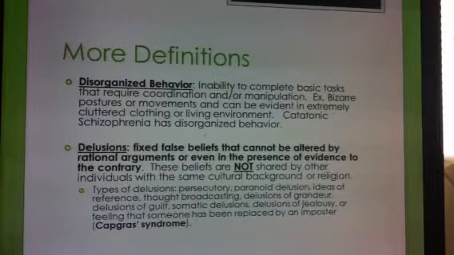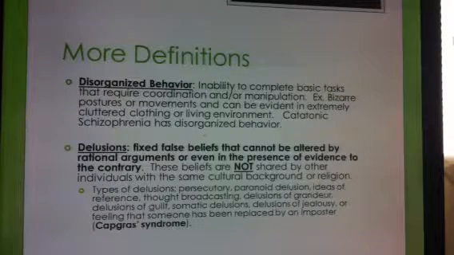Other types of bizarre behaviors would be really cluttered, scattered clothing that isn't really making any sense, or if their house is organized in a way that's very strange. These would all be considered types of disorganized behaviors.